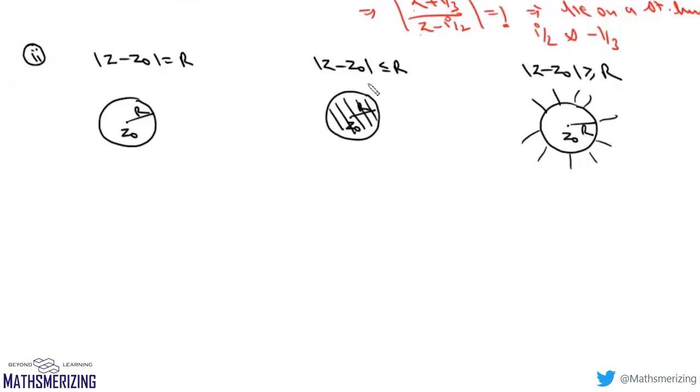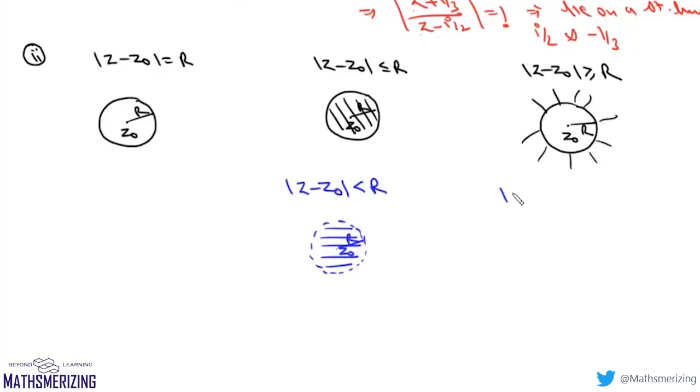Now we have a strict inequality, say mod of z minus z0 will be less than r, then it will be simply points lying inside the circle and not on the circle. So in that case, we'll draw this circle as a dotted circle. So it will be simply points lying inside the circle with center z0 and radius r.